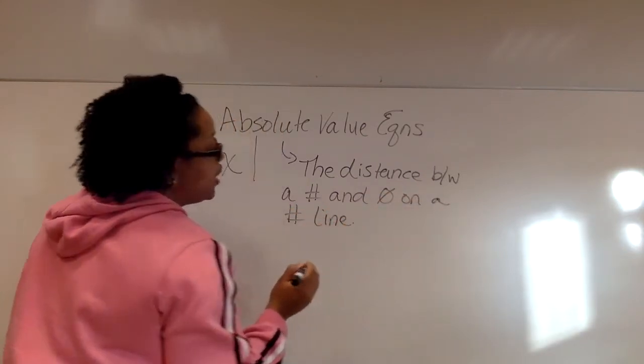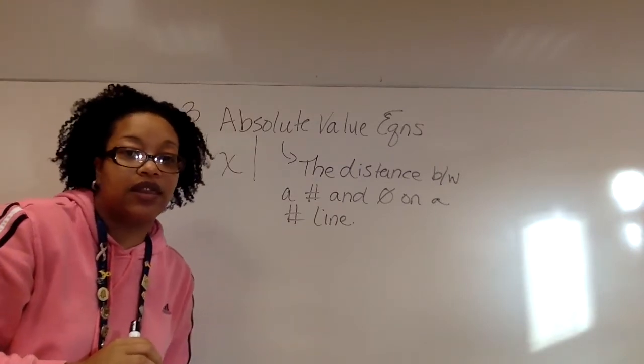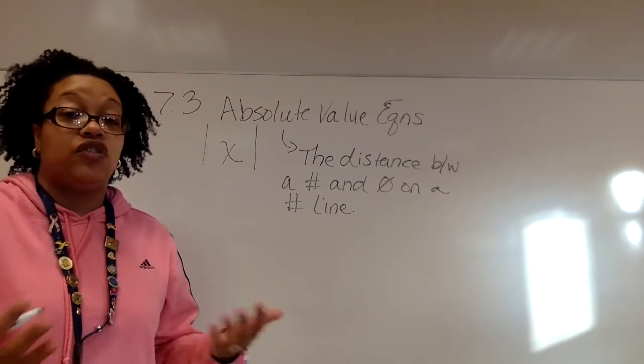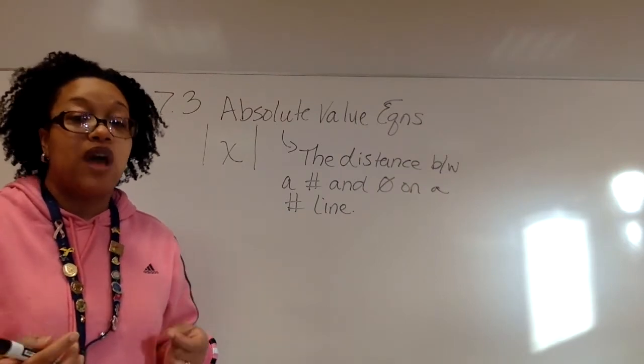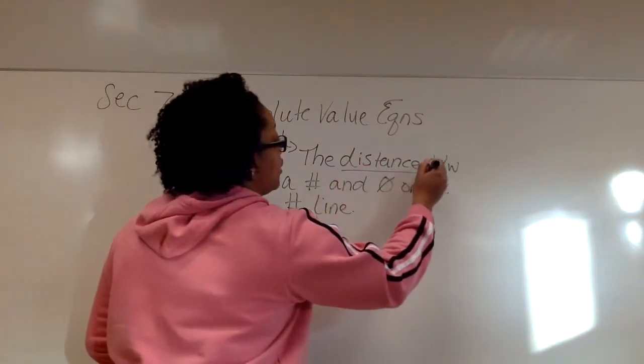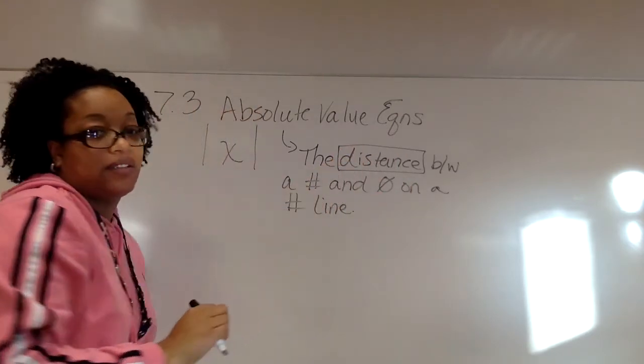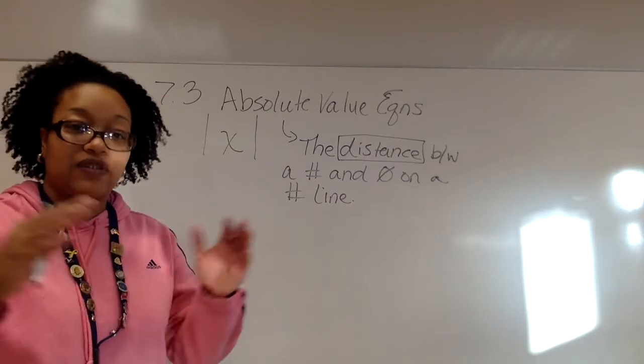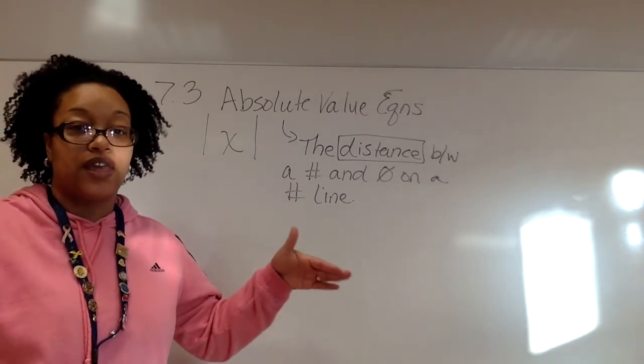There are certain numbers that we use in real life that are always absolute value numbers, and you don't even realize it. The reason why is because of this word right here. When we talk about distance, you may not realize that distance is never negative. Distance just explains the distance from one point to the other.